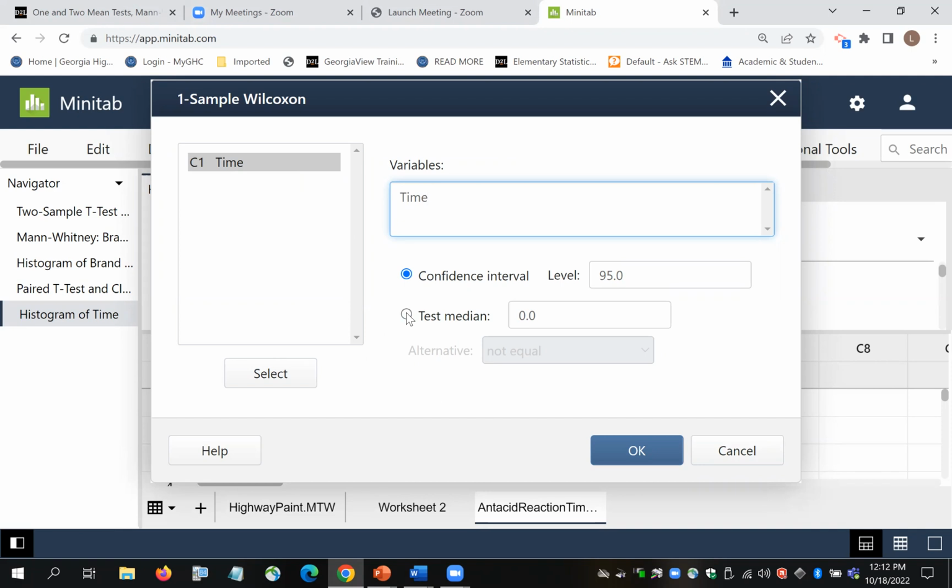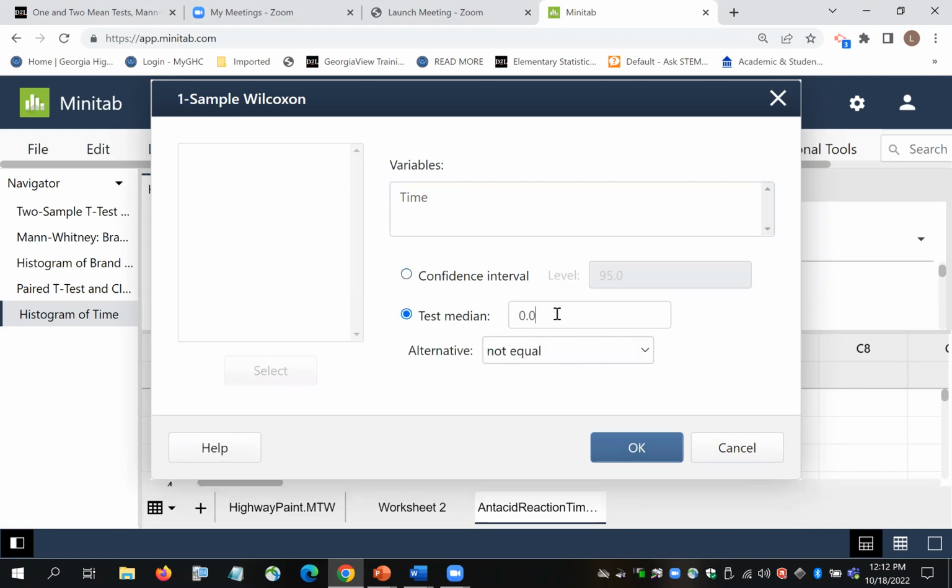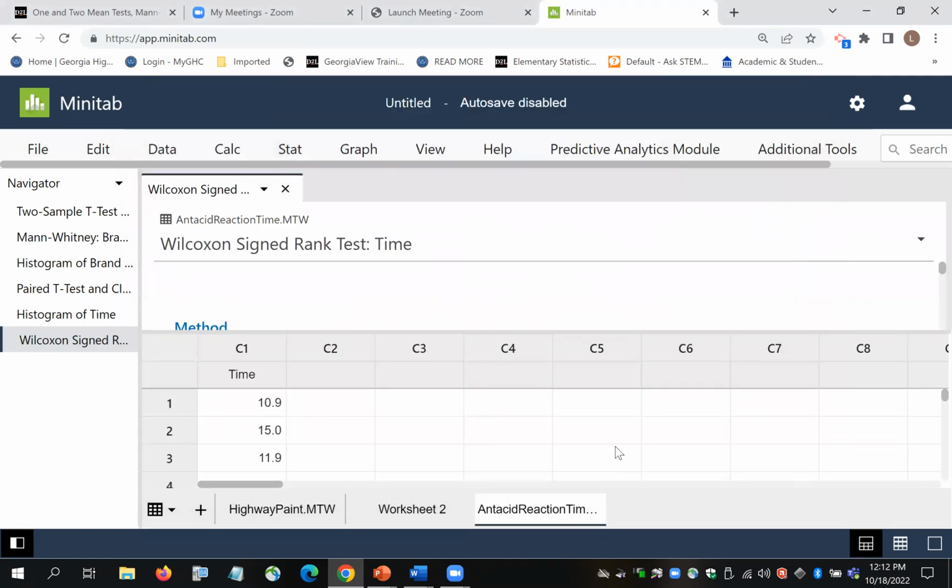Okay. We want to test the median. In this case, that it is 12, not 0, 12, and it is less than. We wanted the median difference to be less than 12. So I have to enter 12, choose less than, click OK.